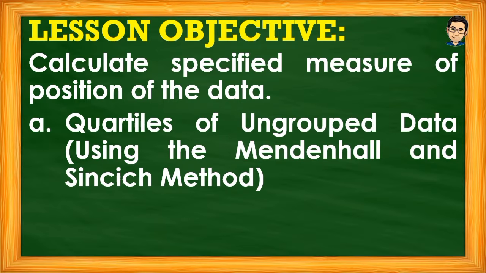All the ungrouped data, quartiles, deciles, and percentiles will be discussed first. Afterwards, I will discuss how to organize our data using a frequency distribution table. And then we will discuss the grouped data of quartiles, deciles, and percentiles.